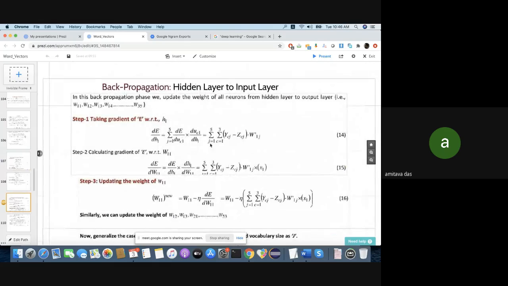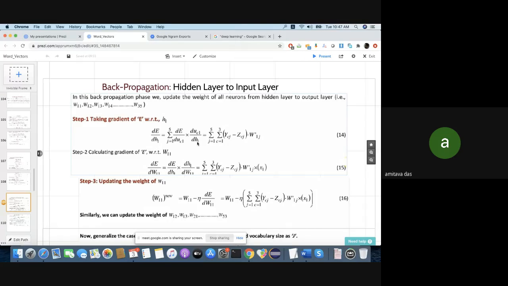So we are trying to calculate all the outputs from O11 to O51. We calculate the error based on E1 divided by H1. H1 is nothing but what we calculated earlier from the output layer to the hidden layer.